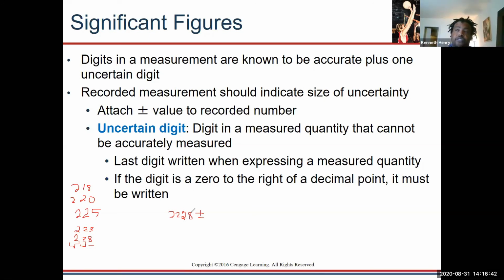Okay, so we can take that average, and we know that we're fluctuating in the one spot, so we can round it up or round it down, so we can say 223.